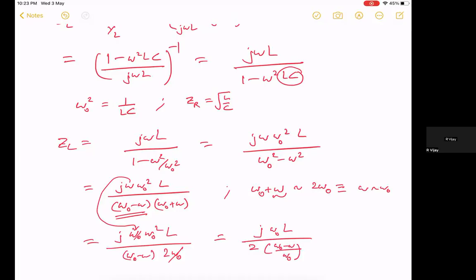Okay, and there was this other hint given. I guess it was not a hint, but just an instruction to use a new variable, which is essentially this thing here, right? So essentially we are going to a different variable change, where instead of frequency we go to differences of frequencies with respect to the resonant frequency, and then divide by the resonant frequency.